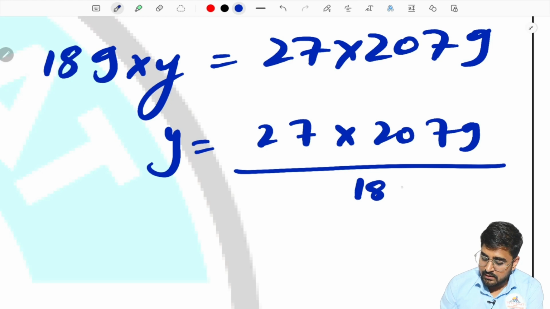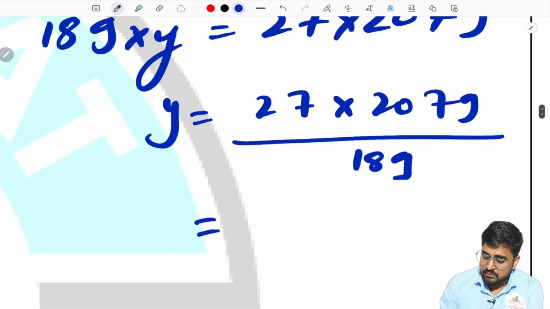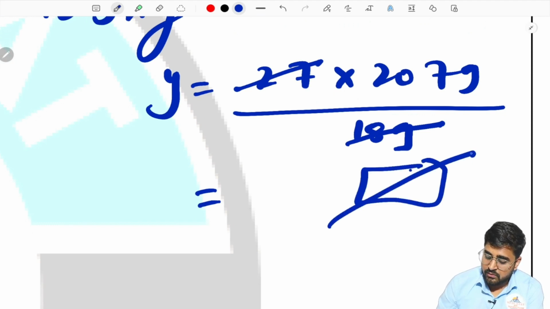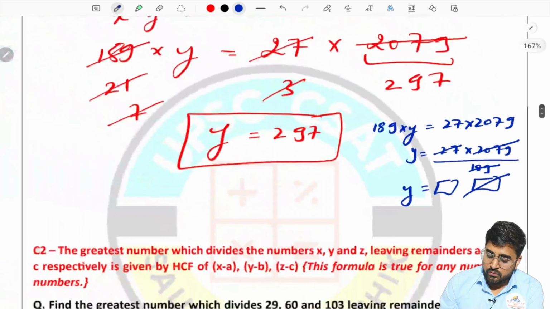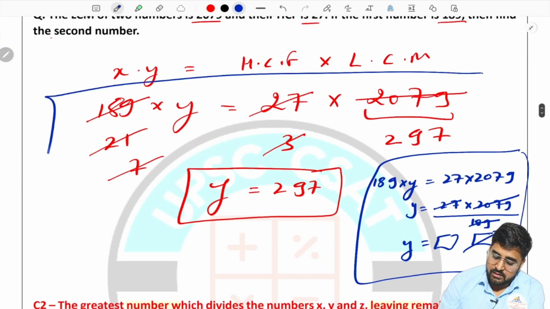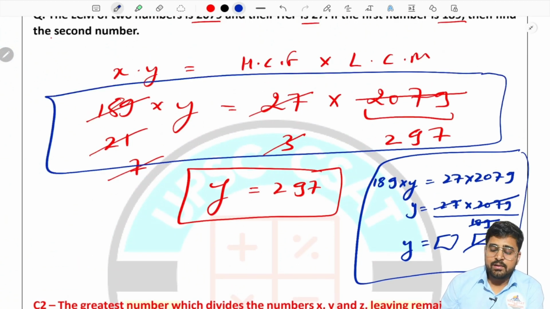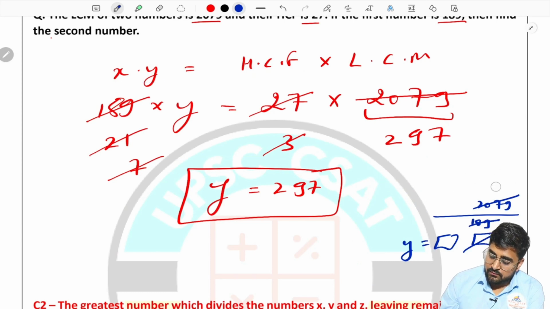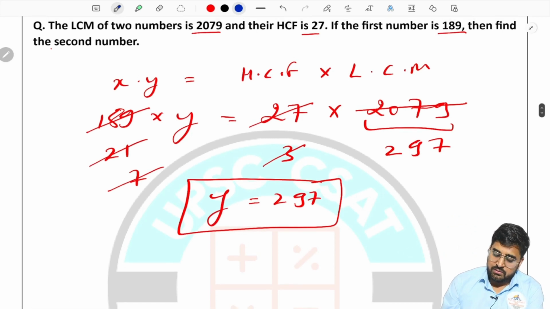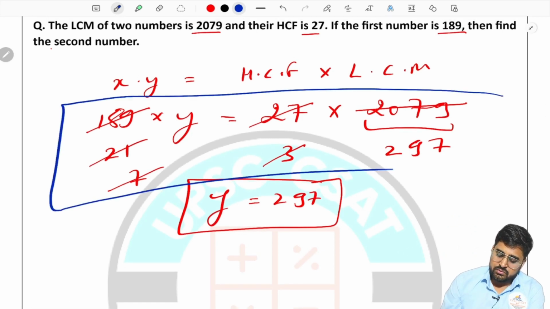Don't unnecessarily increase the steps. Then you will divide like this, then whatever comes here, you divide with this, and then write like this. No. Don't waste your time. Calculate there only. Okay. Time is very crucial in competitive examinations. So develop a habit to solve this here only.